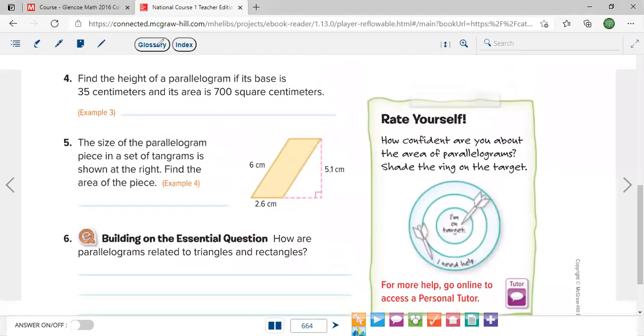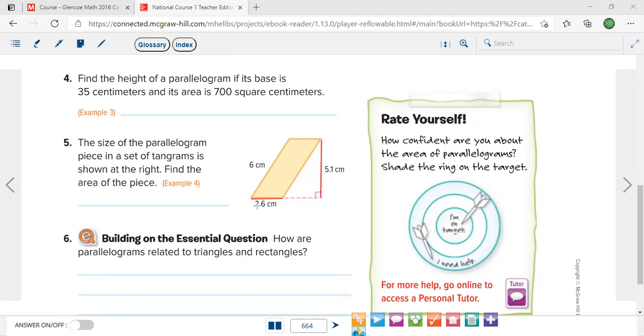Now in problem 5, the size of the parallelogram piece in a set of 10 grams is shown at the right. Find the area of the piece. Of course, area is base times the height. Base and height must be perpendicular, so this will be the base and this will be the height.